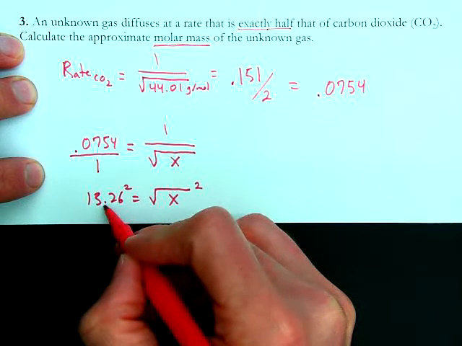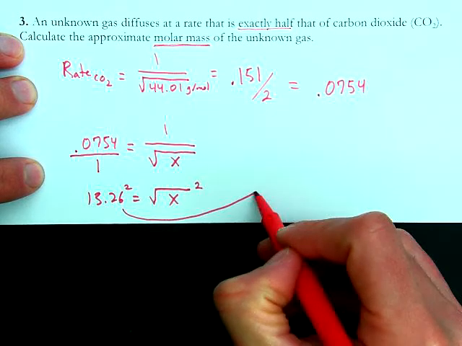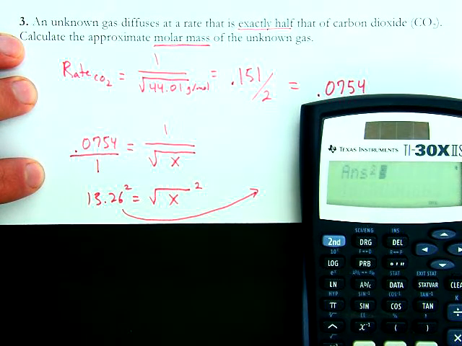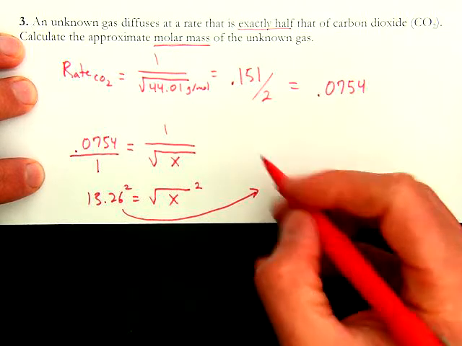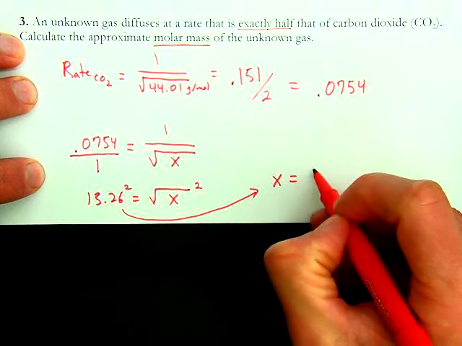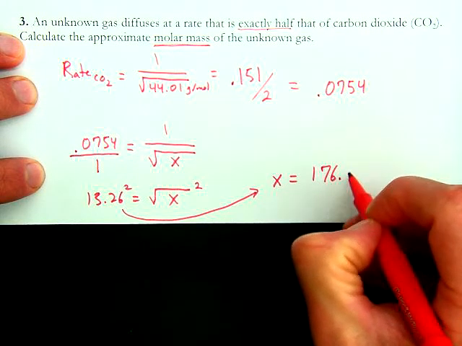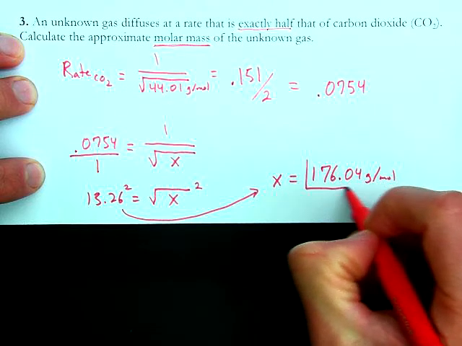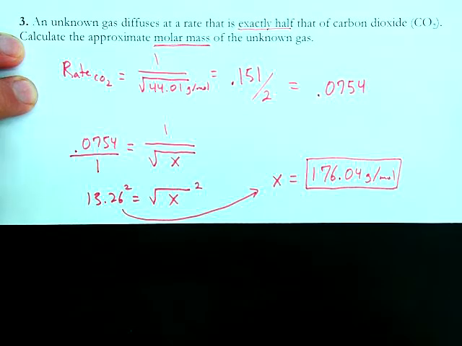And if we take this number squared, I'll just draw a little arrow over here. We get x equals 176.04 grams per mole. That is our approximate molar mass.